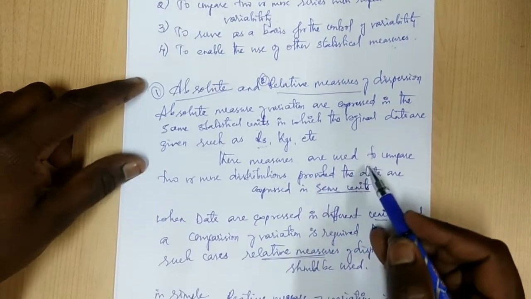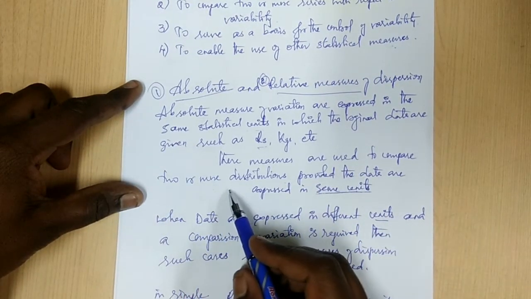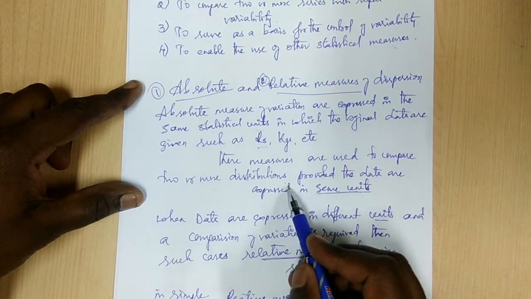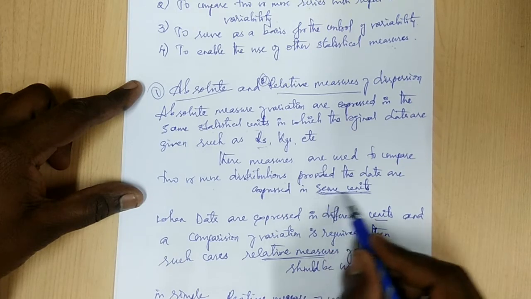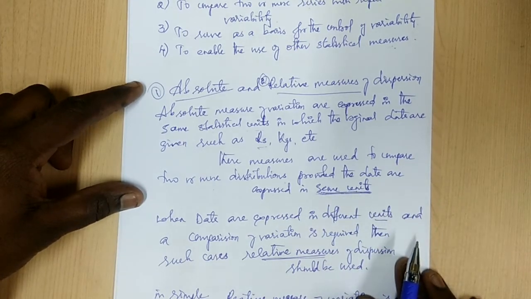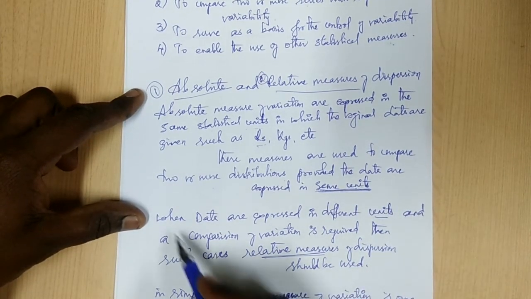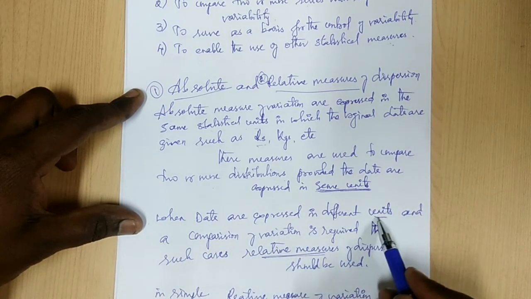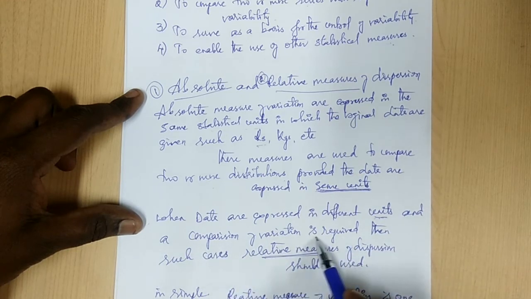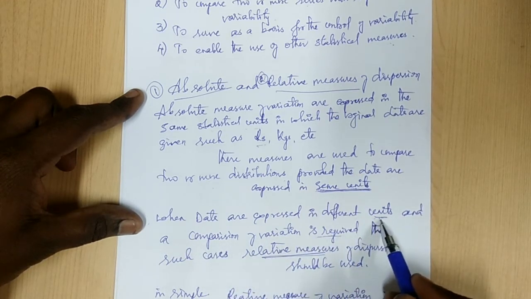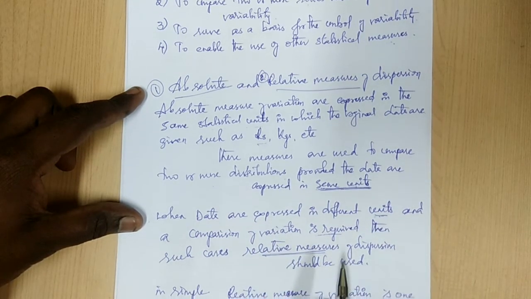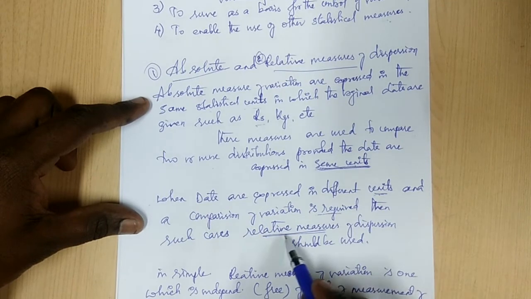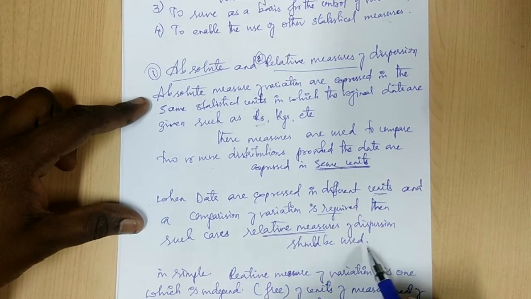These measures are used to compare two or more distributions, provided the data are expressed in the same units, not different units. If the data are expressed in different units, then we use the relative measures of dispersion.